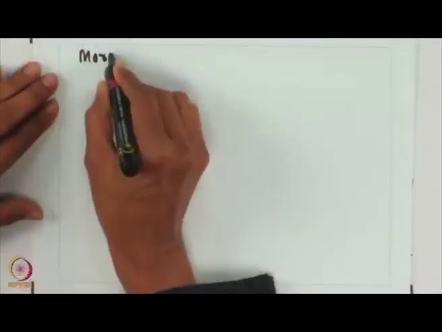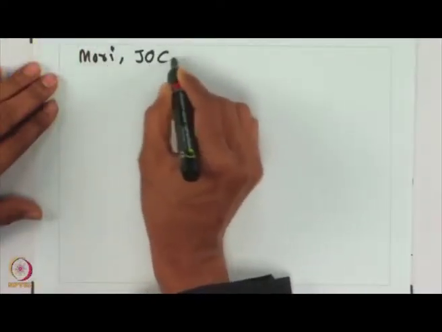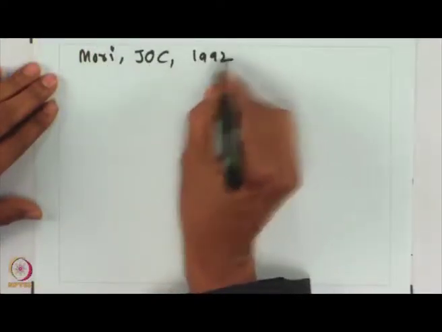Let us look at one more compound, where indeed now we will see that olefin and olefin coupling is happening rather than ene and yne, that is also possible. Let us look at one such example. This is by Mori in JOC 1992.